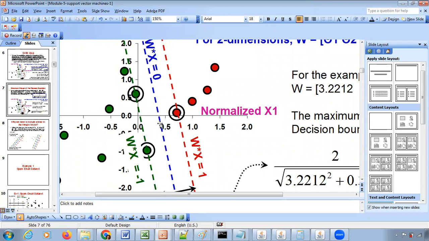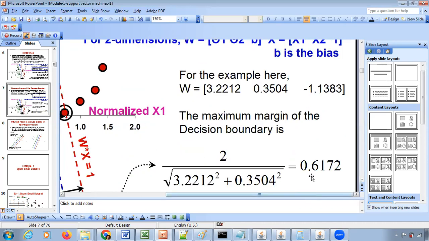And this is the normalized x1 axis. You can see, starting from where the green line hits the x1 axis to where the red line hits the x1 axis, the values here are 0.0, 0.5, and 1.0. So the width, the distance that separates the two, should be almost close to this one.